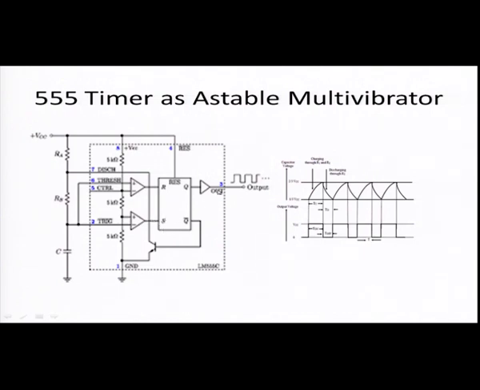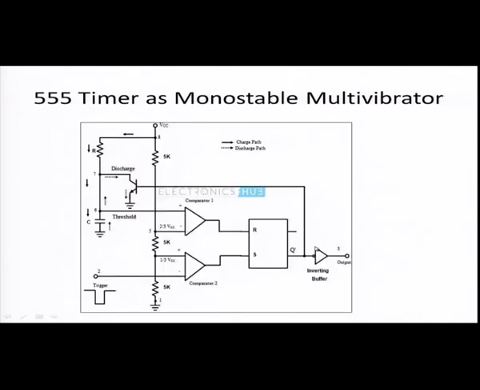If it sets the flip flop, then Q is high; the output is taken at Q. Actually, if it is Q bar, then we have to invert the output. If you check the monostable multivibrator, there we have taken it from Q bar and it is inverted by an inverting buffer, and that is the output of the timer.